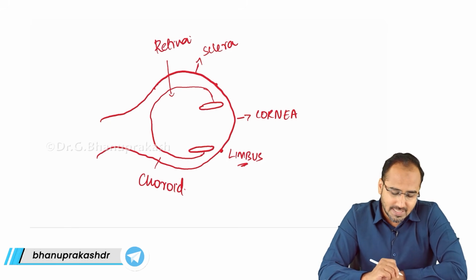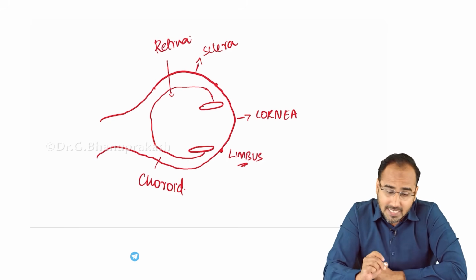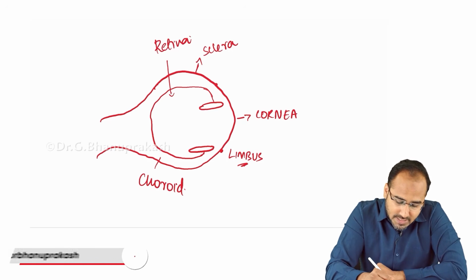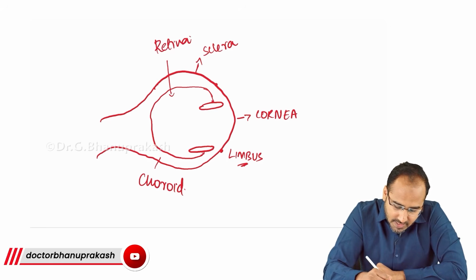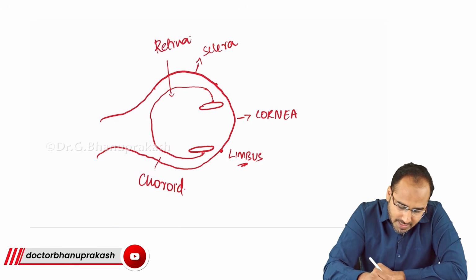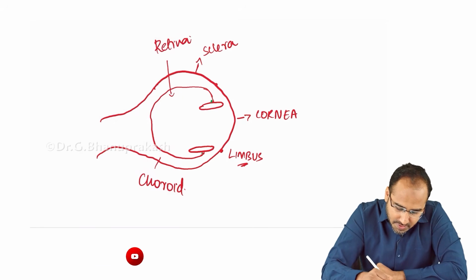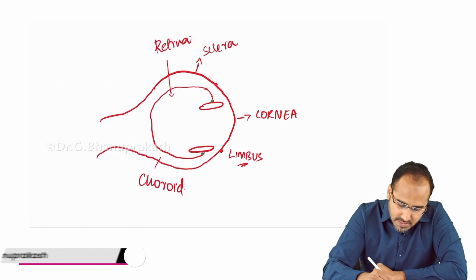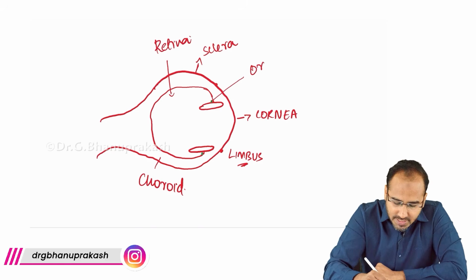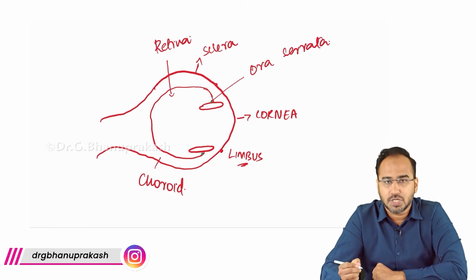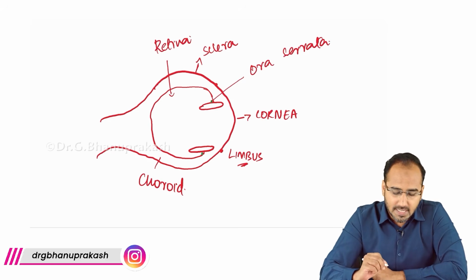And the junction where the retina meets with the ciliary body, let me highlight this junction, this junction I'm talking about, is called the ora serrata.